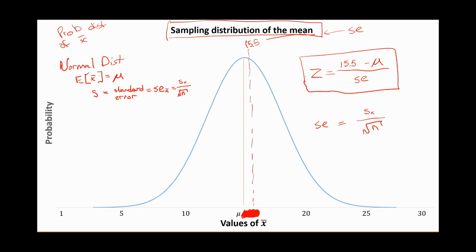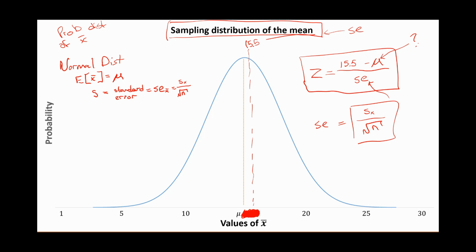Now, in order to do that, we would have to know what the population mean is, and we would have to know what the standard error is. The standard error we can actually calculate. We have the equation here, but the population mean, we don't know. So in theory, we could calculate the z-score, but in practice, we don't actually know what the population mean is.